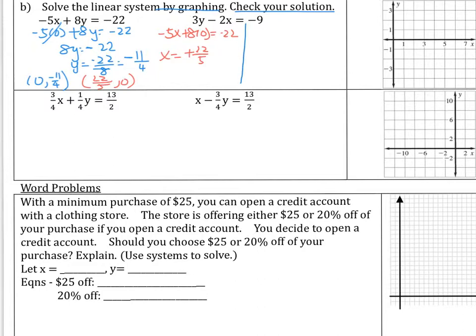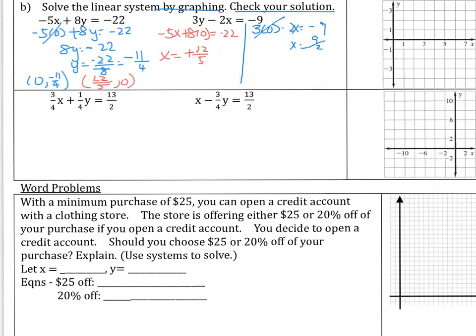And for the second equation, I'm going to also find the x and y intercepts. So when y is 0, x will be positive 9 over 2.